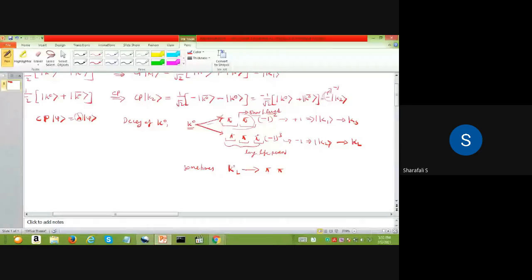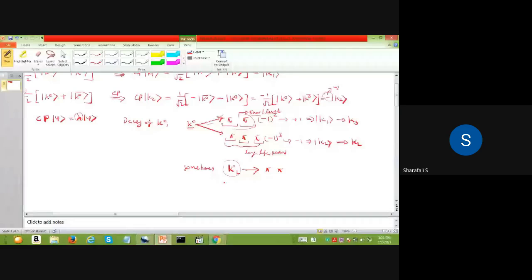This is observed experimentally. So in this case, we know the eigenvalue for this K0L is -1. This is the eigenvalue for CP symmetry.